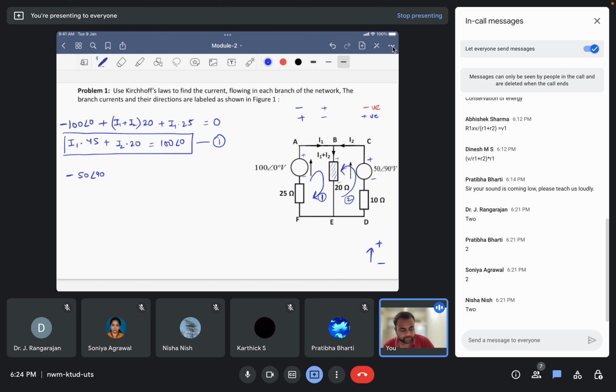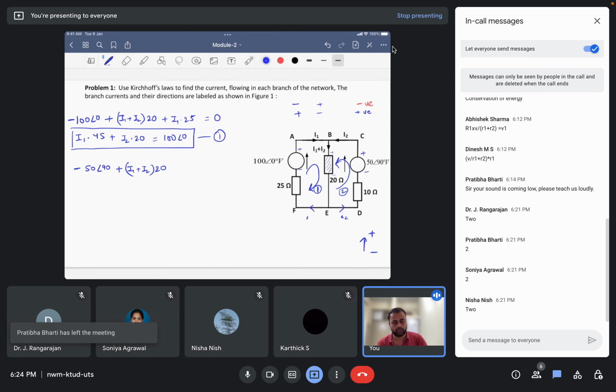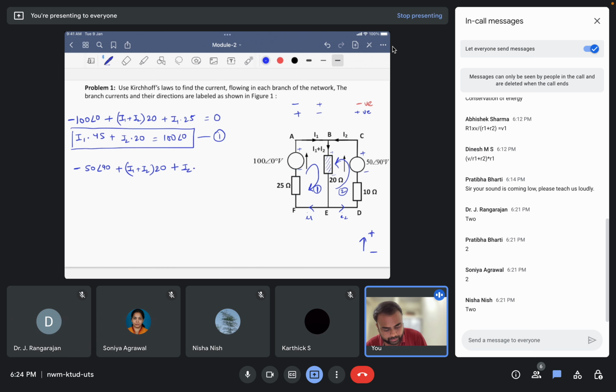Now the current through this 20 ohm resistor will be plus (I1 plus I2) multiplied by 20, and through the 10 ohm resistor current I2 is going here. So again plus I2 multiplied by 10 ohm is equal to 0.